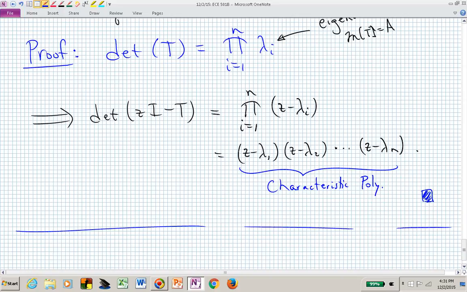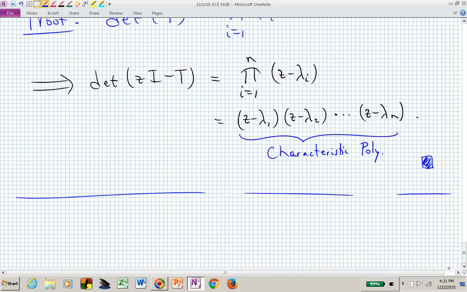And we know the relationship between the determinant of a matrix and the product of its eigenvalues. That's now what we will say concerning trace and determinant.